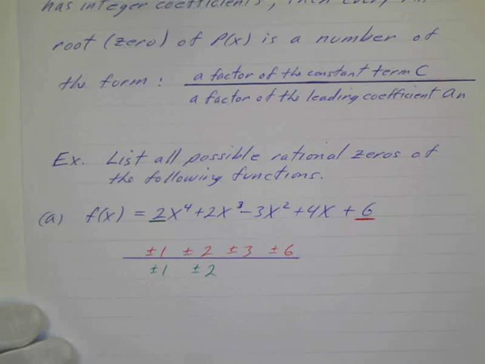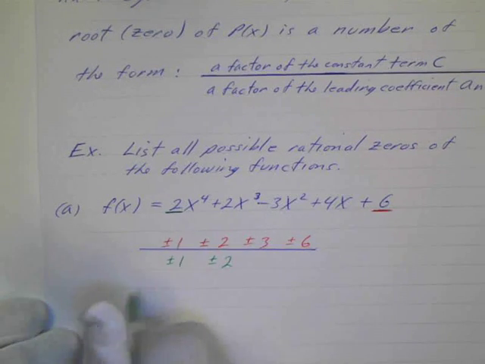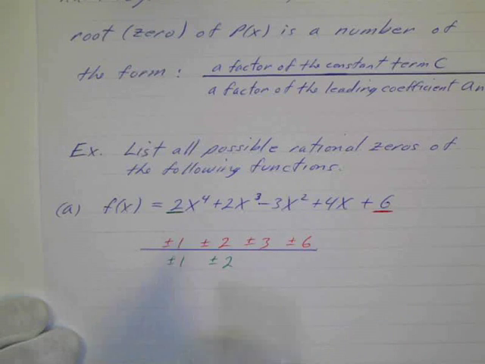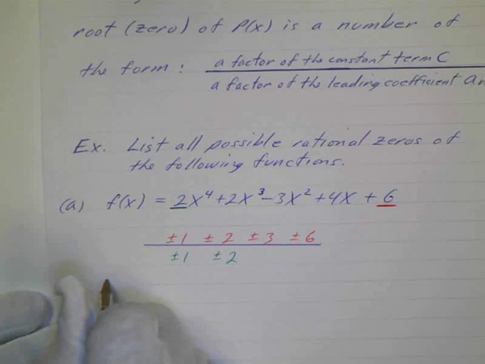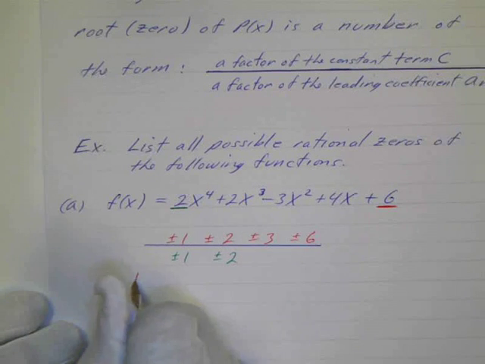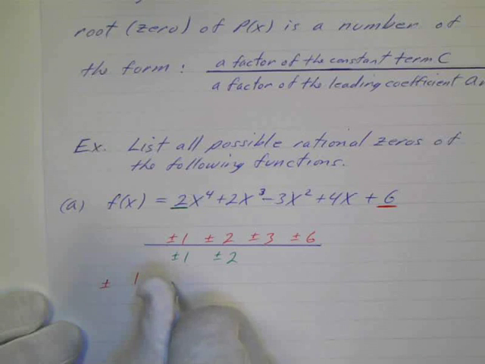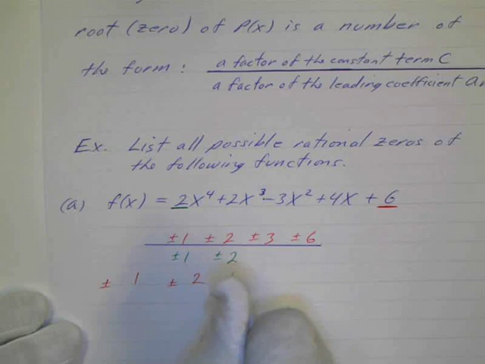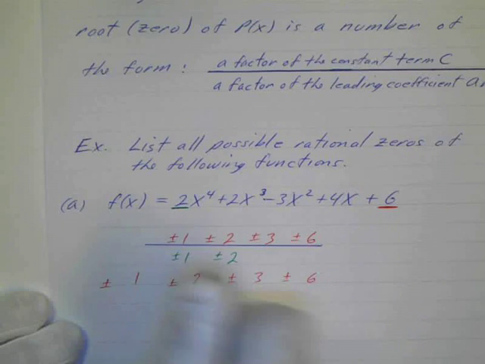I have to take all the possibilities. First of all, we're going to have plus or minuses over plus or minuses, so over 1 they just end up being plus or minus 1, plus or minus 2, plus or minus 3, and plus or minus 6, all over 1.